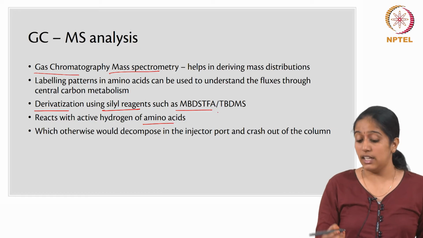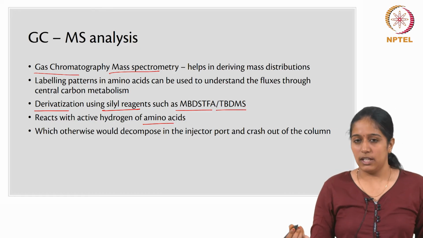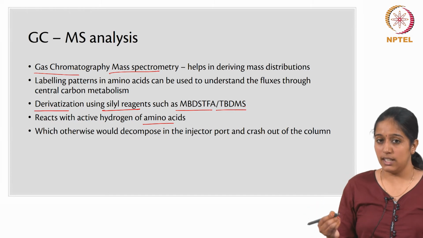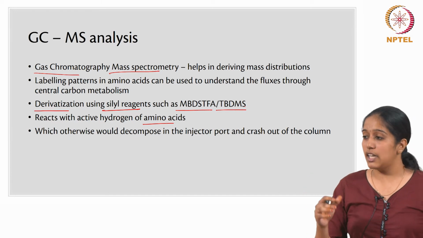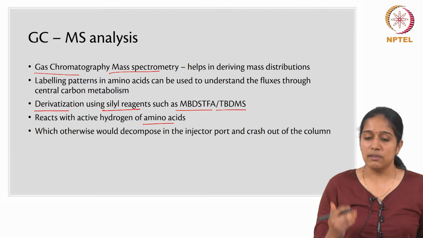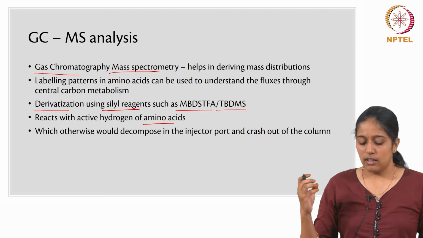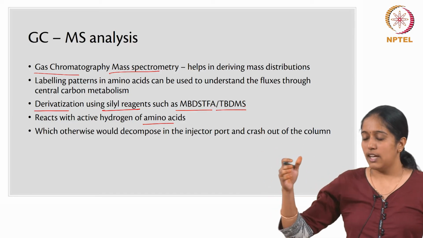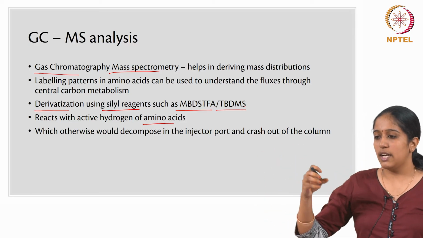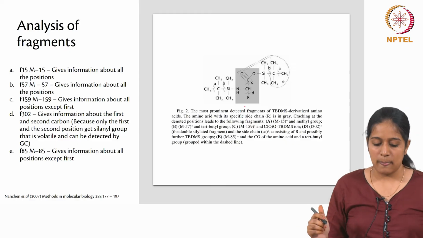This is again a silyl reagent, or TBDMS, and using these we get a derived form of the amino acid, which when subjected to GCMS analysis would give you different fragments, and using these fragments you try to identify the labeling patterns.